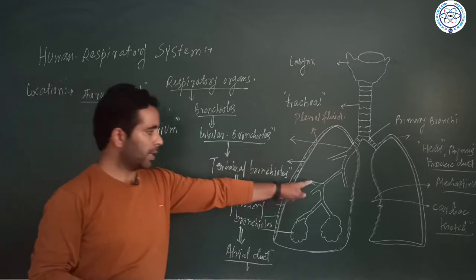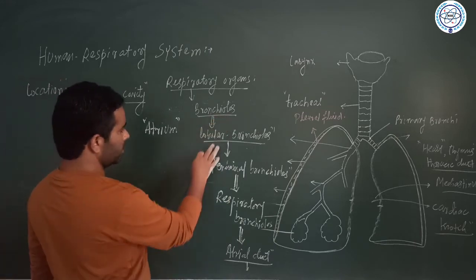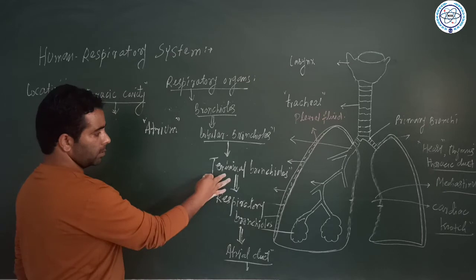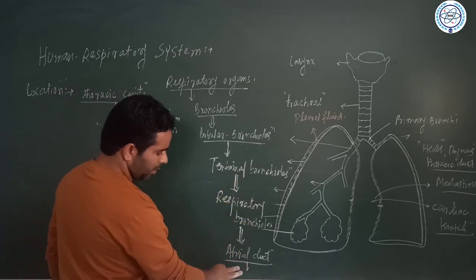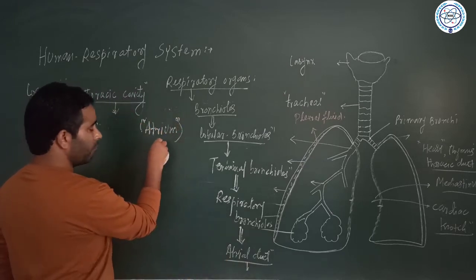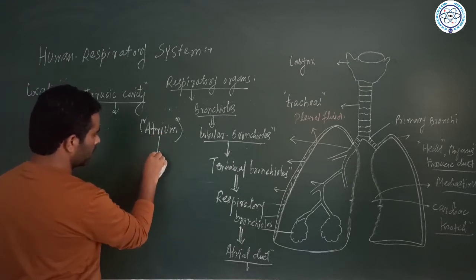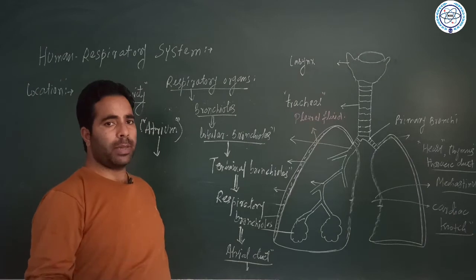I will show you this diagram again in order to show you all these things, right? So bronchioles into lobular bronchioles into terminal bronchioles into respiratory bronchioles into arterial ducts, and finally they open into a chamber known as the atrium, and this atrium opens into the actual structures where the exchange of gases takes place.